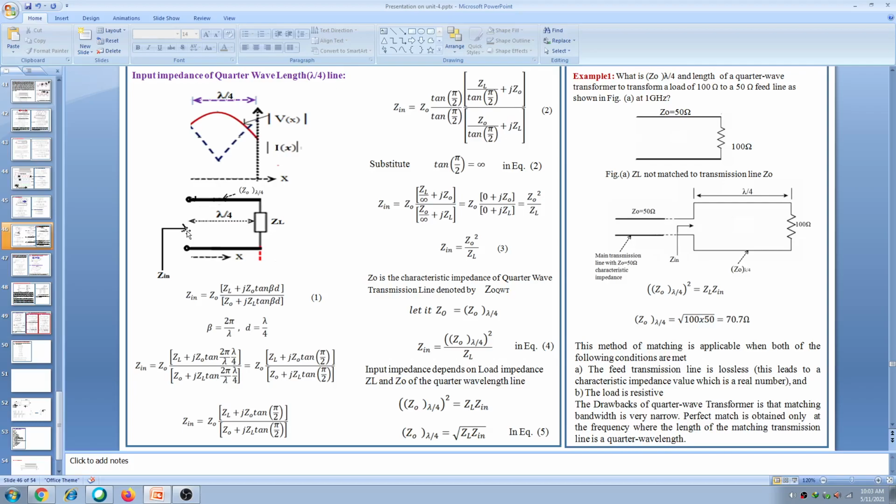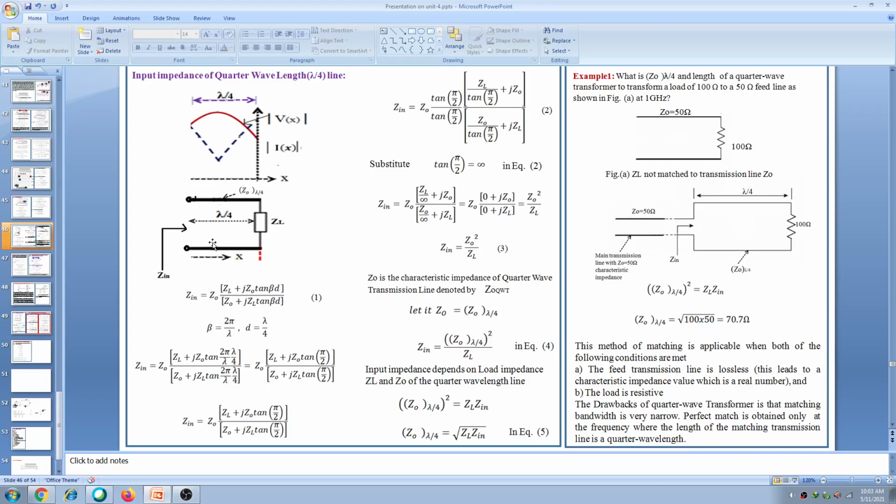So what we observed, if it is a low frequency operation, then we expect the input impedance between these two terminals, looking in this direction, to be equal to ZL. But it is not like that at a higher, microwave frequency.